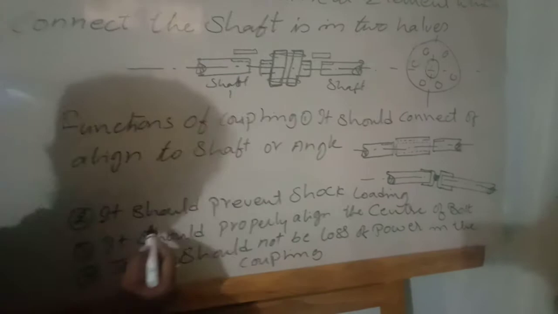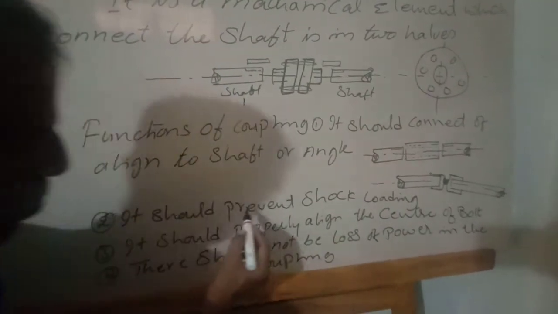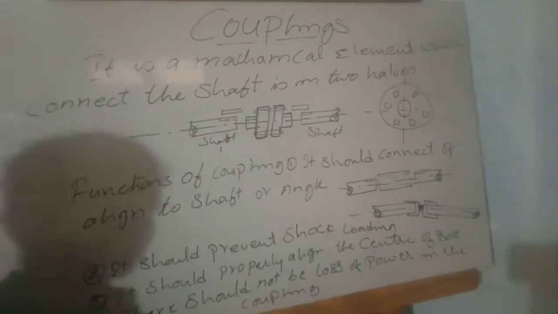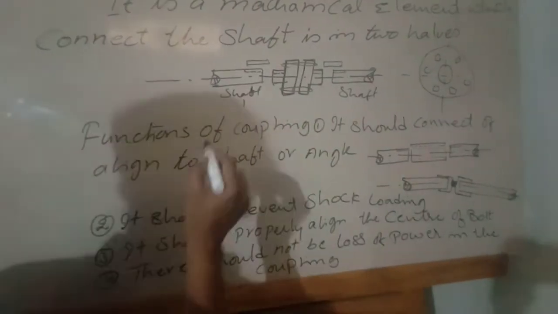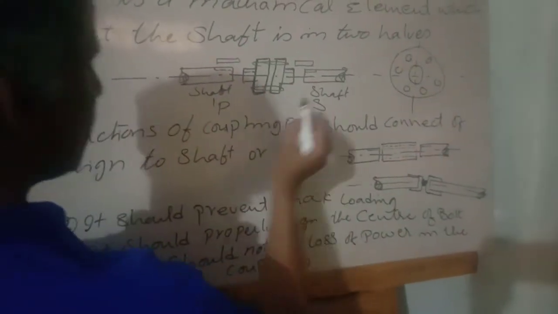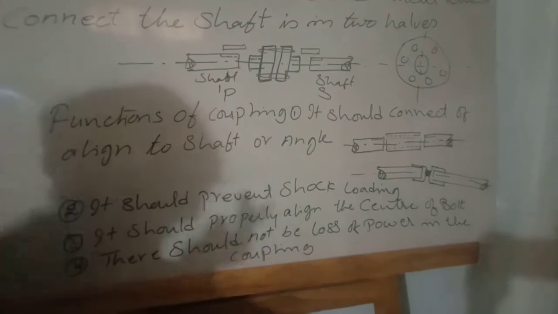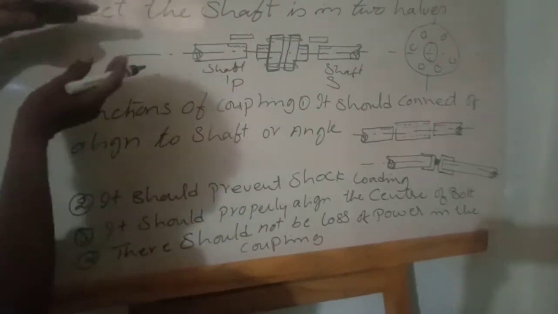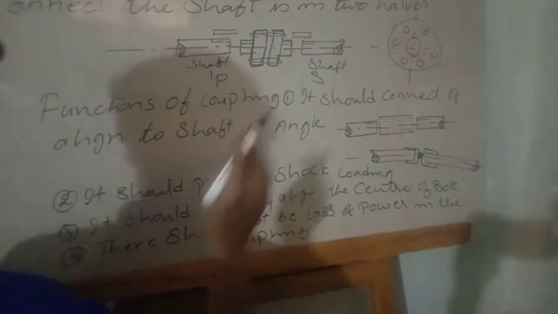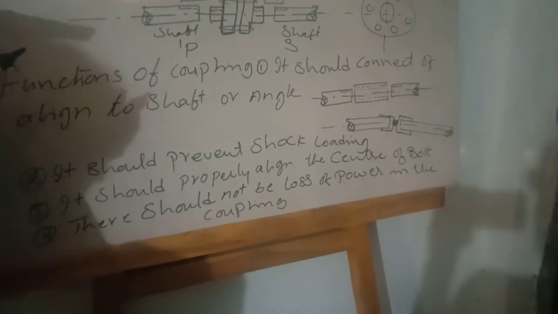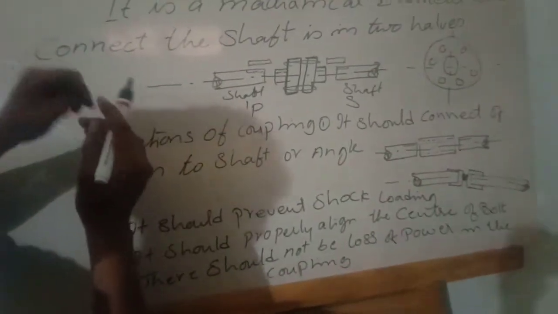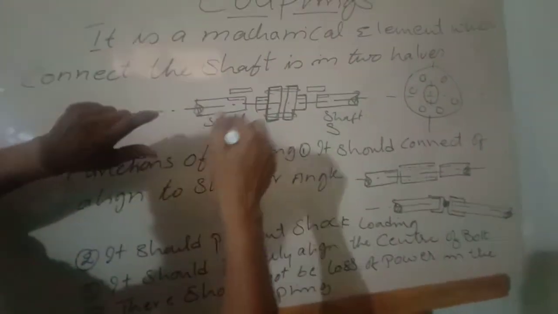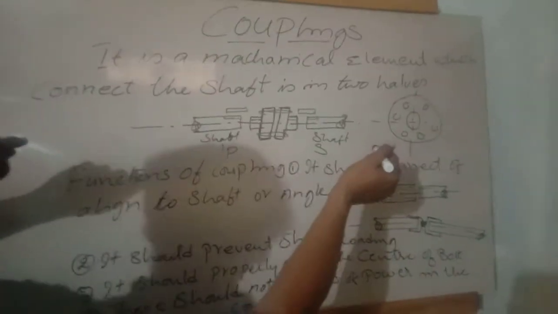The second function is that it should prevent shock loading. One shaft is the primary mover and one is the secondary mover. When the motor is connected to shaft 1, the primary mover, and the shaft is running, suddenly by shock the second shaft also will run.